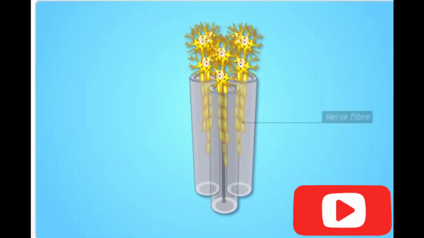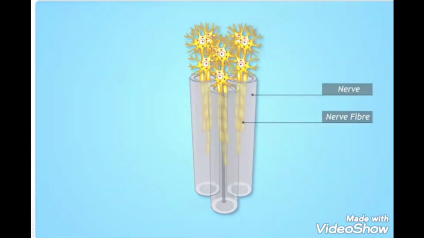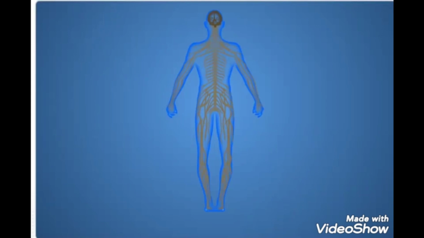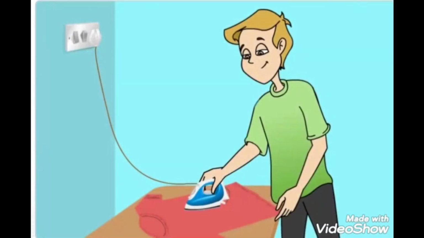These nerves are richly supplied with blood. Nervous tissue is found in the brain, spinal cord, and nerves. The combination of nerve and muscle tissue enables man to move rapidly in response to stimuli.